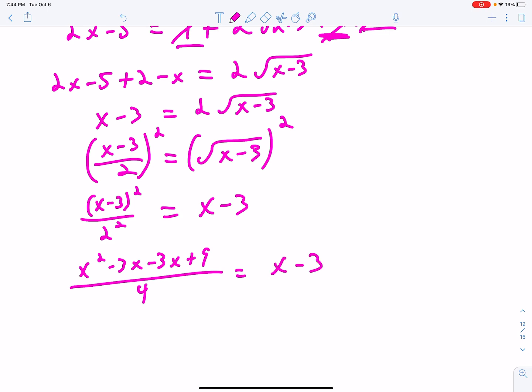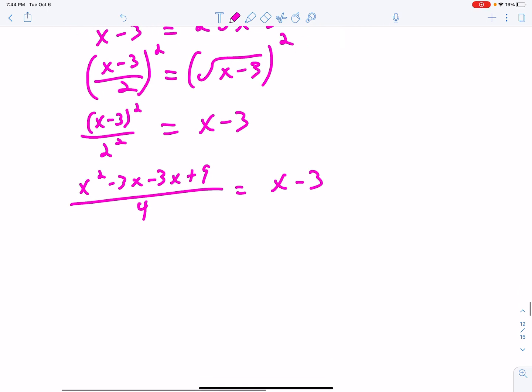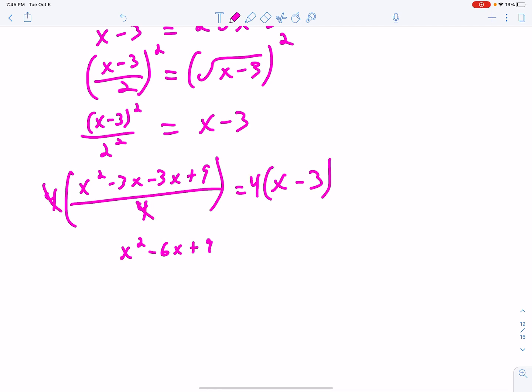There we go. We combine like terms. So we get x squared minus 6x plus 9. We can multiply both sides by 4, and that gets rid of the denominator there. We'll distribute the 4 here: 4x minus 12.